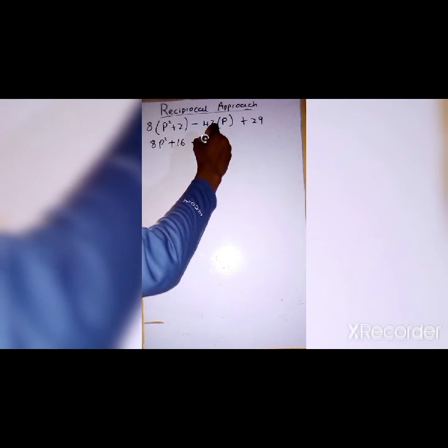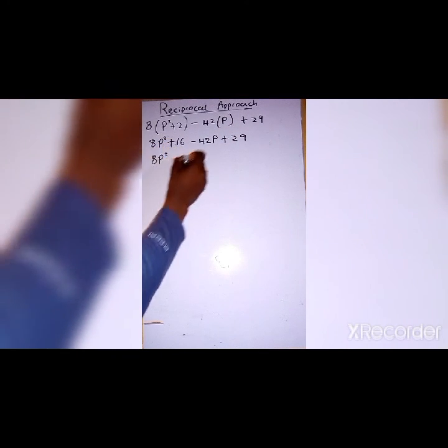So by inserting our value of x squared plus 1 over x and x minus 1 over x, we have this. So now we expand. 8p squared plus 16 minus 42p plus 29.